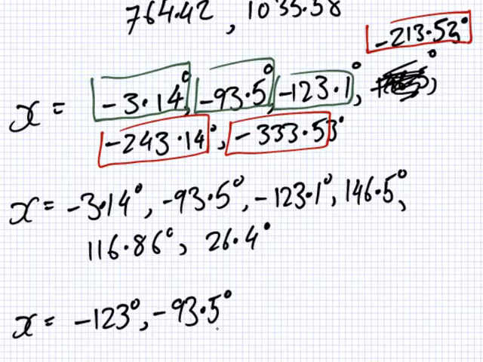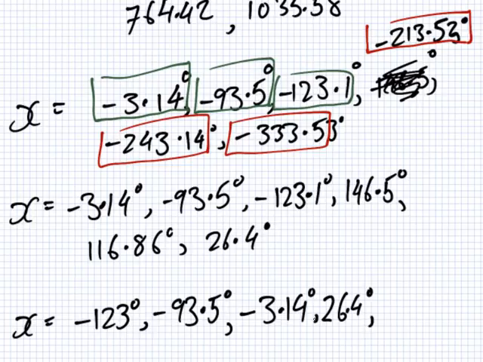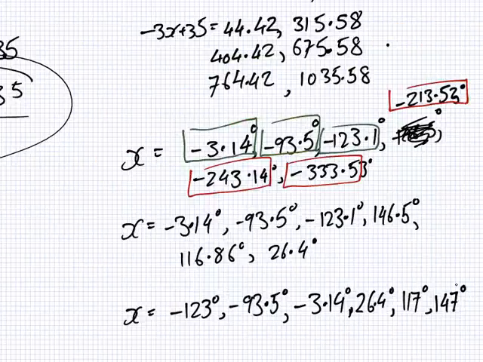We'll keep it three significant figures. The next one will be minus 3.14 degrees, 26.4 degrees, 117 degrees, and then 147 degrees. Okay, so just write this down, and then I want to show you something here.